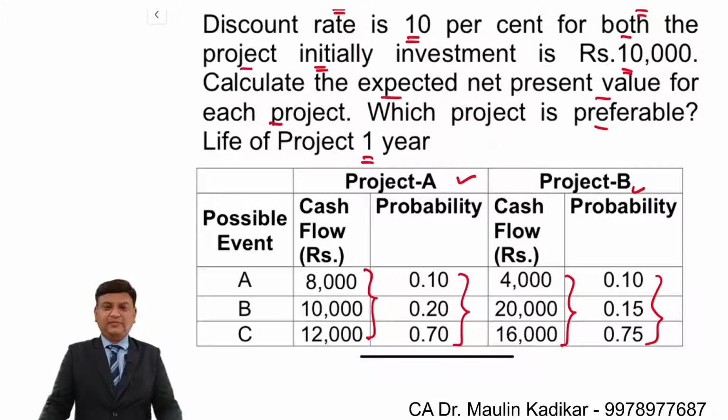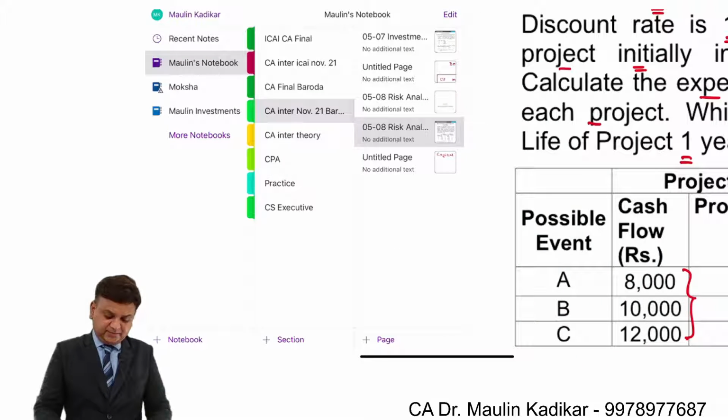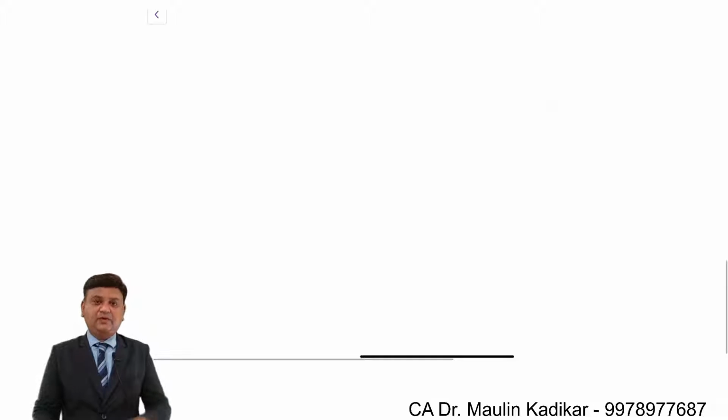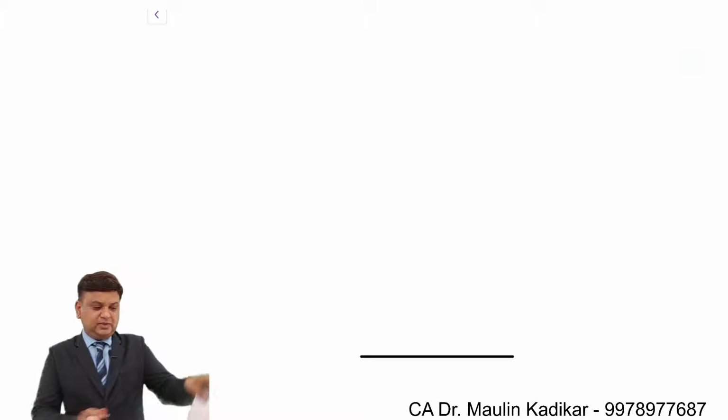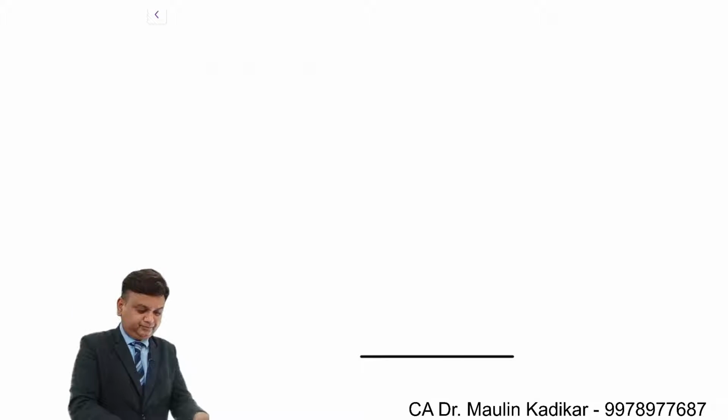So now friends, what will happen? We can compute the NPV of the project like this. First of all, we will compute the expected cash flow of the project at the end of the first year, and then we will compute the NPV. Let me explain how to answer.